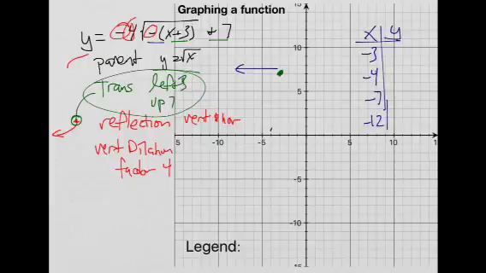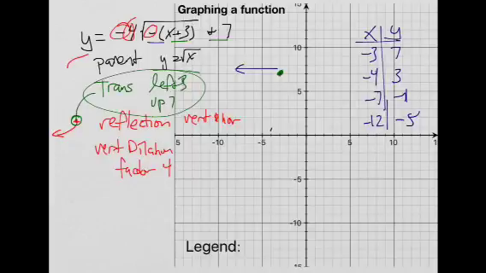I plug those into my function, and at -3, I get 7, which is what I expected, because that's where I'm supposed to start. Looking good so far. At -4, I got 3. At -7, I got -1. At -12, I got -5.